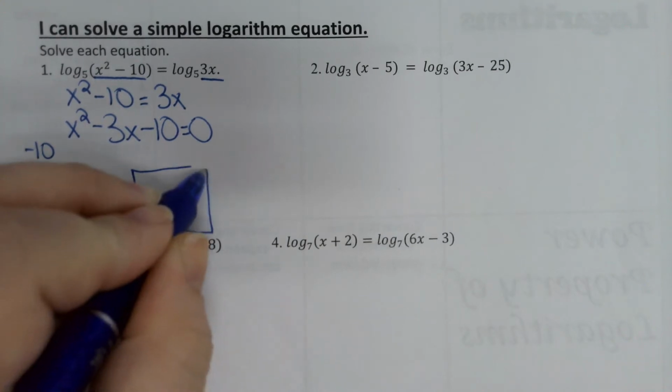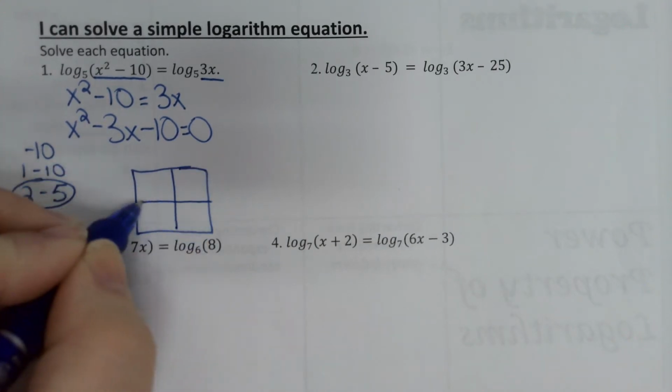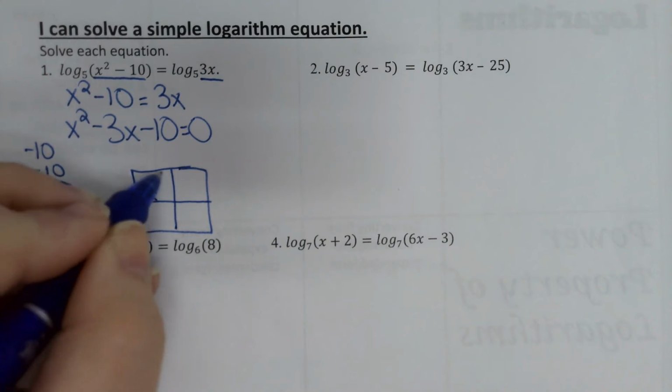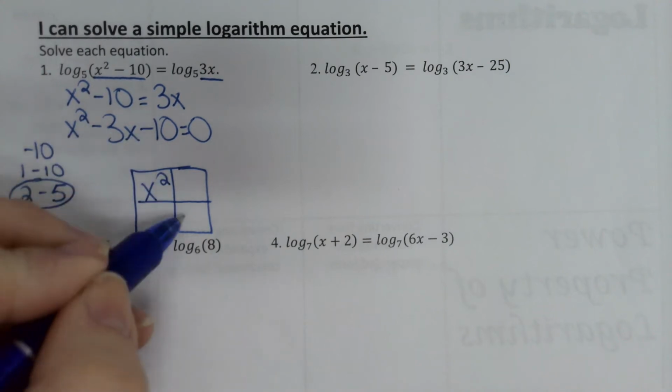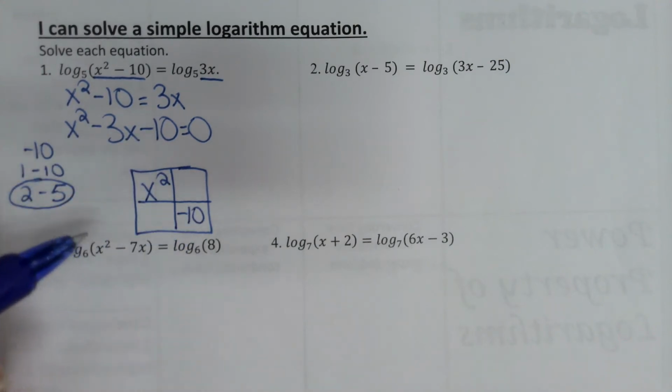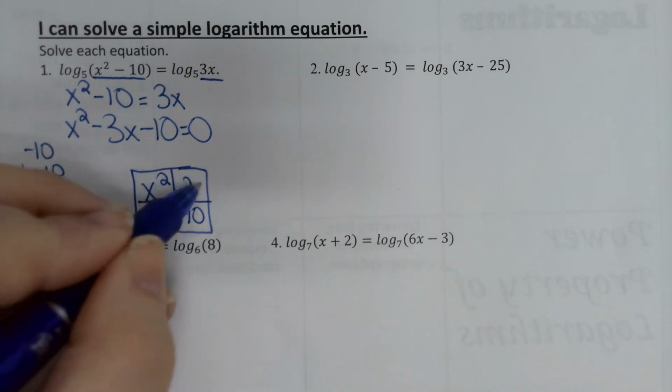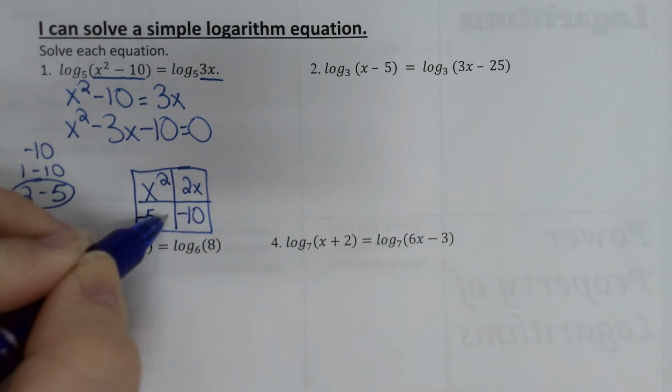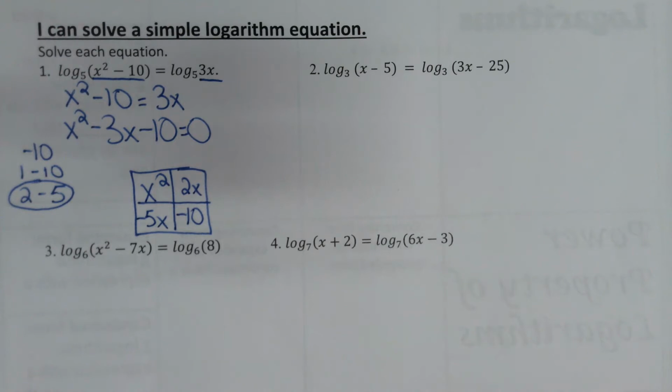Here's your box. First term, first box. Last term, last box. And we'll have 2x and negative 5x rounding out the final boxes. What can I take out of the top row? I can take x.